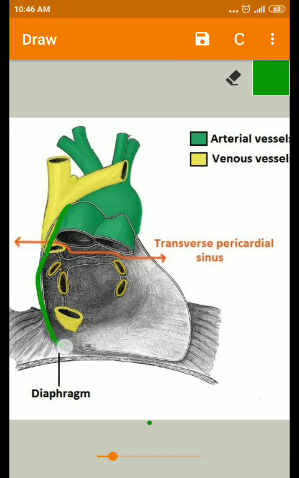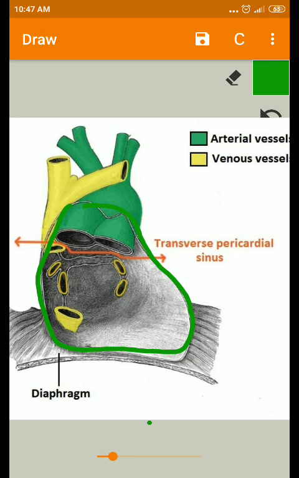The main function of this pericardium is that it fixes the heart in the mediastinum and limits its motion. The limitation of the motion of the heart is done by the attachments of the pericardium.